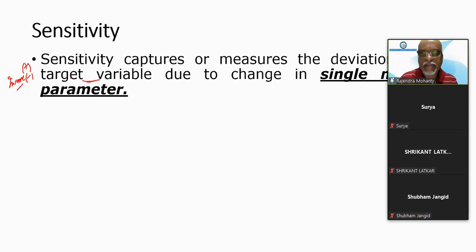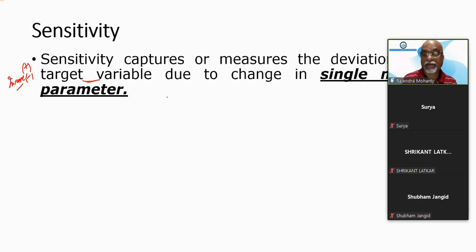Our target variable, how it is deviating, whether it is becoming plus or minus due to a change in a single market parameter. For one single market parameter change, how our income is changing, that is measured through sensitivity.